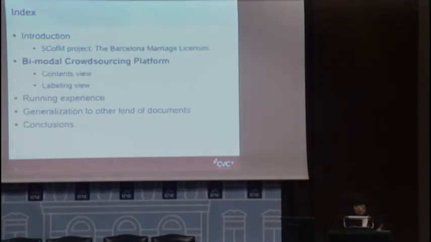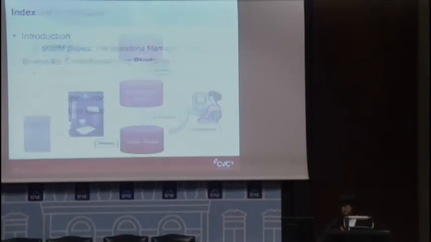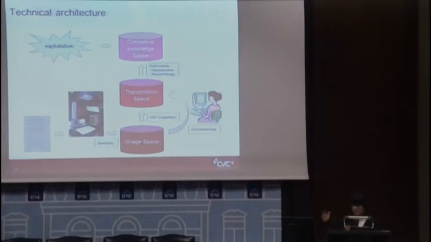Now that we know which is the kind of document, let's see what we did in the platform. So this is the architecture. First we have the documents. We scanned all of this. Then the second step is to retrieve the information from them, and you can imagine that five centuries is quite a tedious task, especially with the handwriting that you have seen.